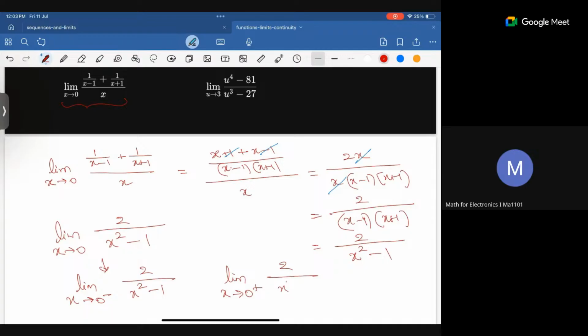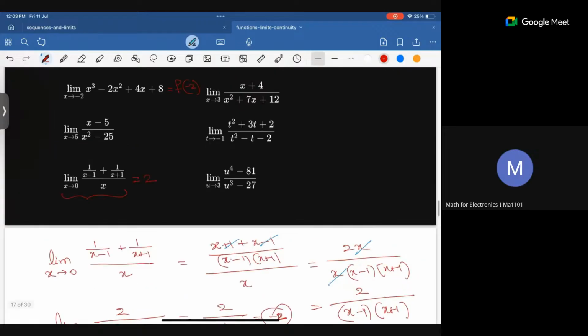If these two are equal, then that will be the limit value, and you can clearly see that in both the cases these two will go to -2, because whether x approaches 0 from the left side or the right side, x square will move towards 0. So 2 by 0 minus 1 is simply -2.